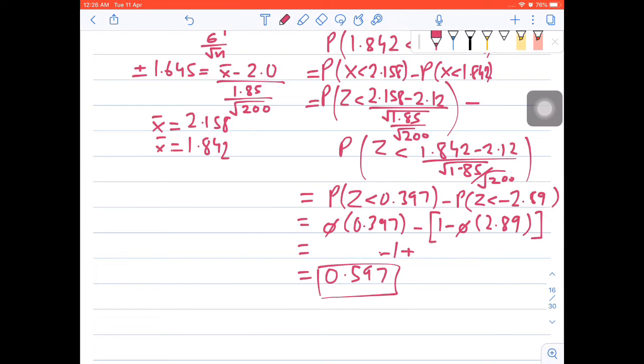So phi of 0.397 is 0.6543 and phi of 2.89 is 0.9981, which gives the answer of 0.652.